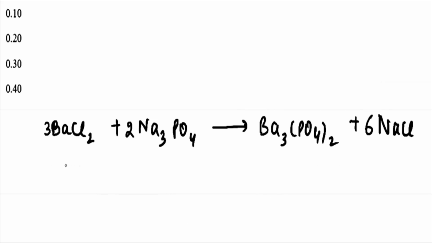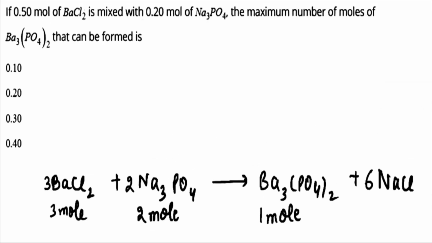As we see, in this reaction 3 moles of BaCl2 react with 2 moles of Na3PO4 to give 1 mole of Ba3(PO4)2. From here, we are given 0.50 mole of BaCl2 mixed with 0.20 mole of Na3PO4.